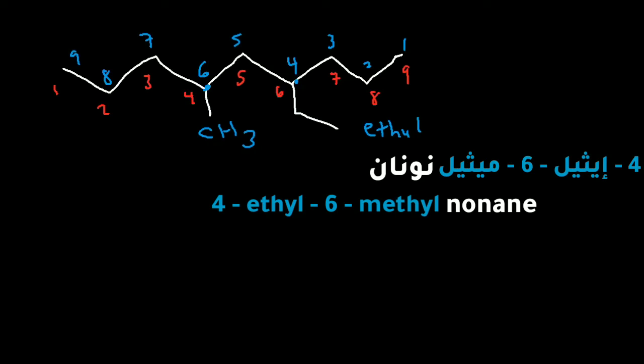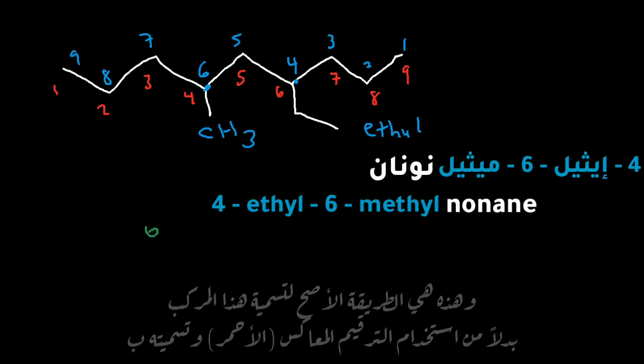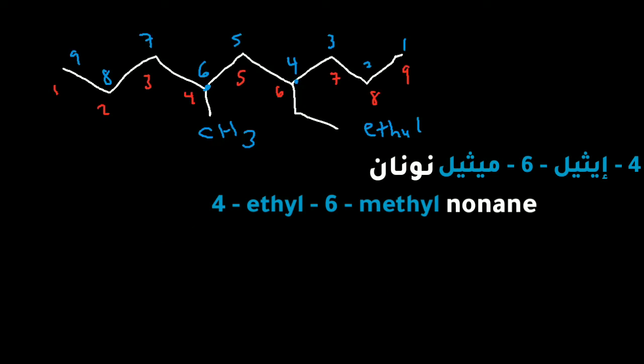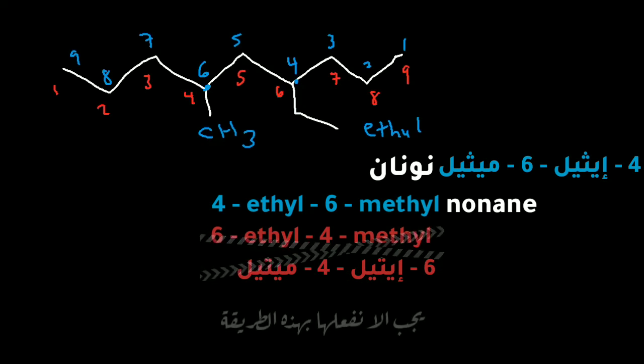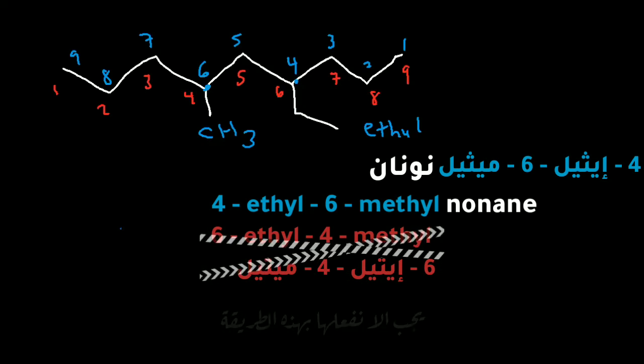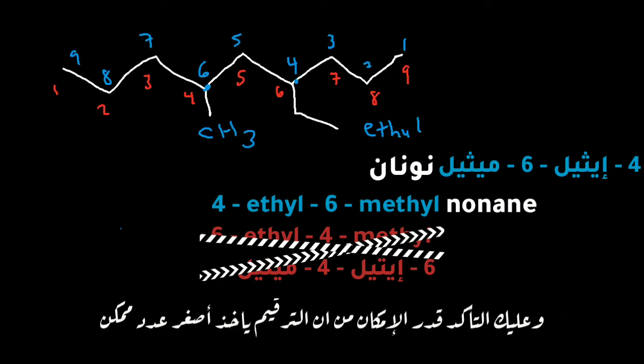This is the more proper way of writing this particular alkane, as opposed to 6-ethyl, 4-methyl. We don't want to write it that way. So whenever you're writing out the name of an alkane, you want to make sure you alphabetize the substituents, and if possible, you want to make sure your numbers are ranked in increasing order.